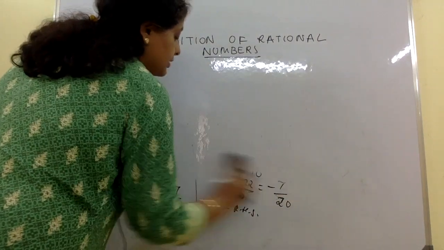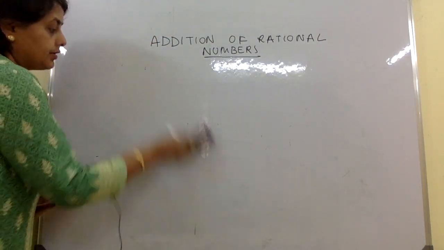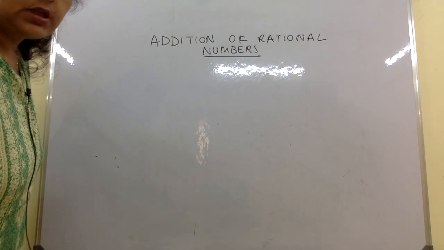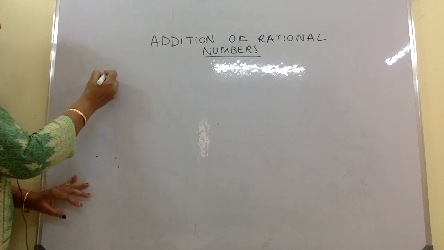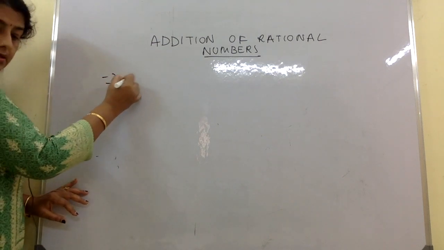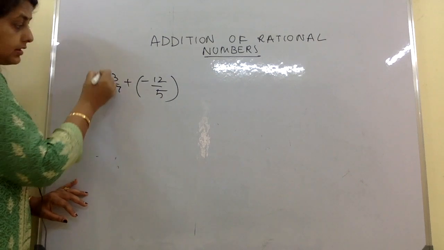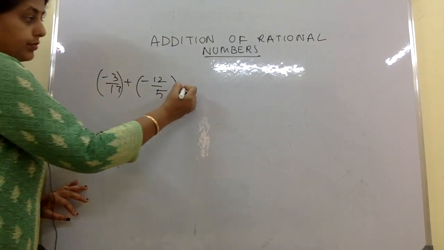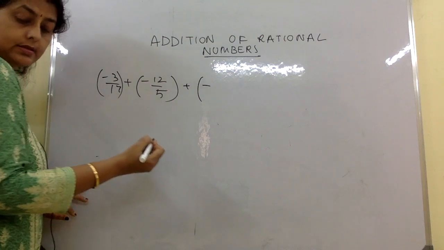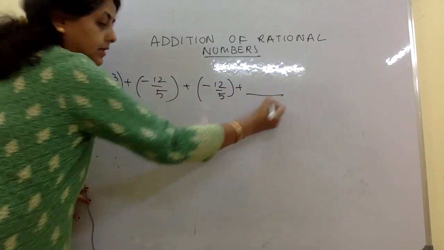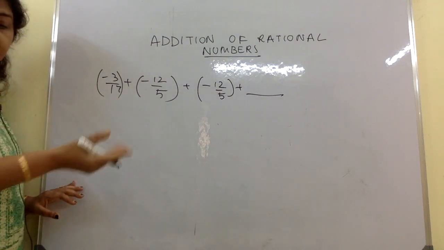Here we have minus 3 by 17 plus minus 12 by 5, and this also in brackets they have given, plus minus 12 by 5 plus, and then a fill in the blank.